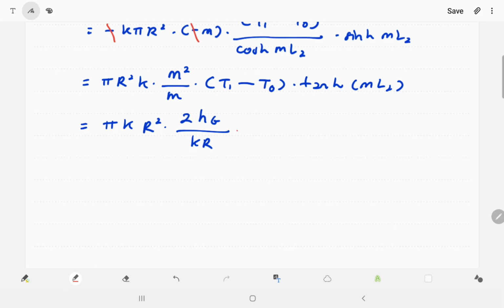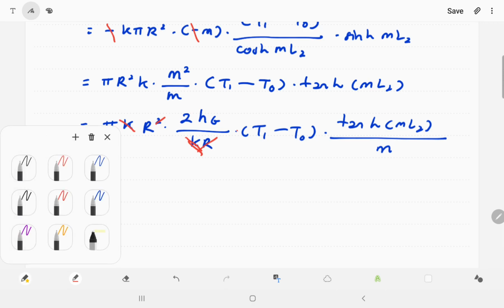Okay, and then let's go back to this again, and this one will be (T1 minus T0) multiplied by tanh mL2 divided by m. And then we can cross this with this, and this with this. Okay, so this one is cancelled. Then we can continue again.